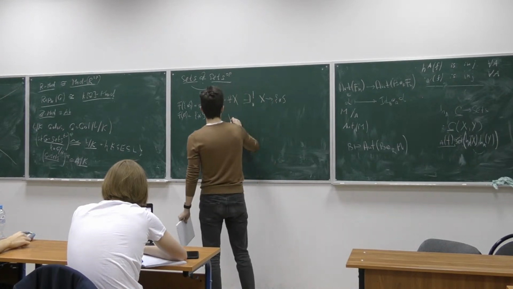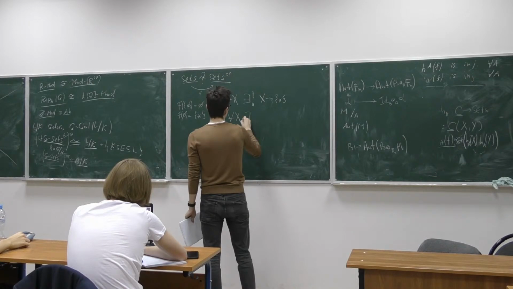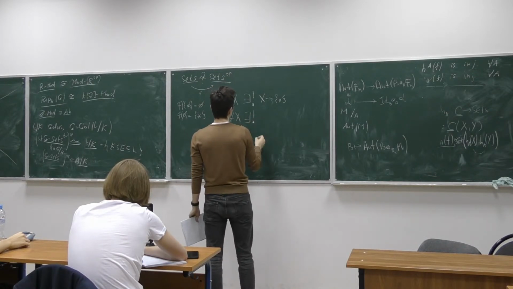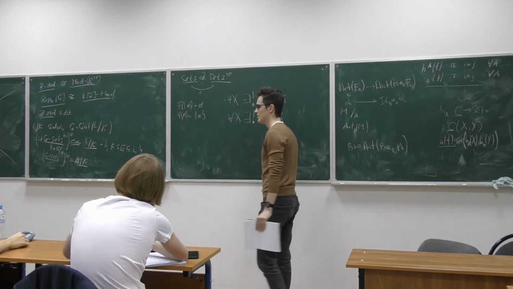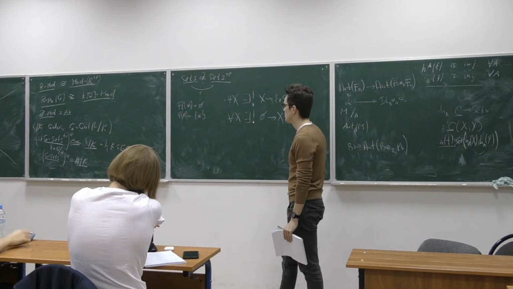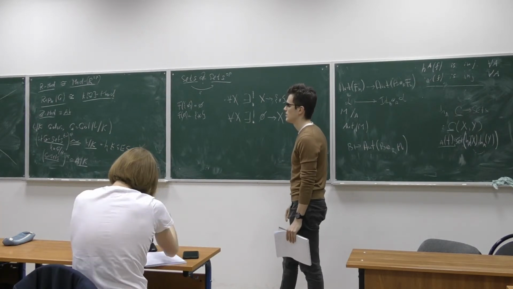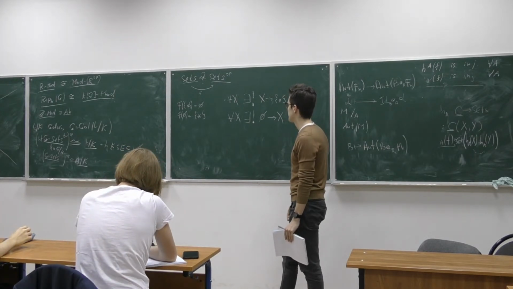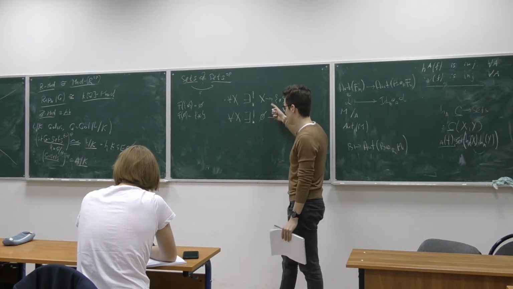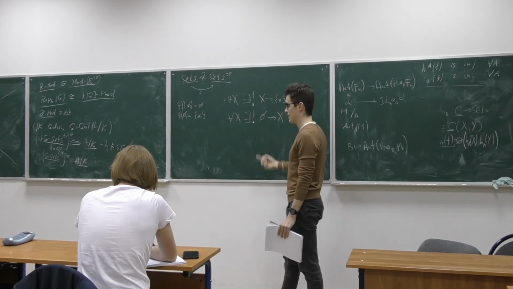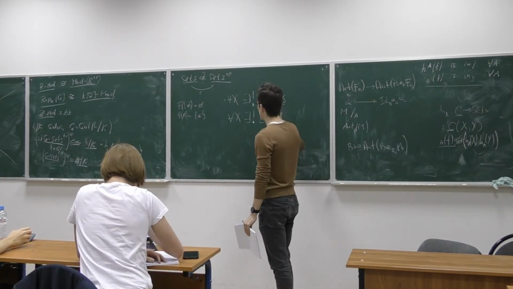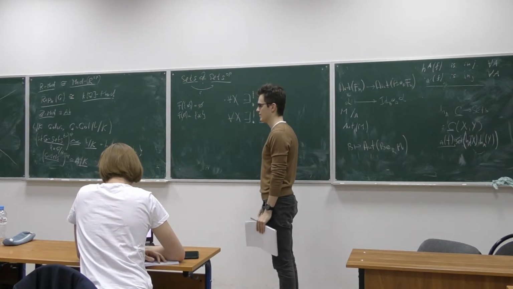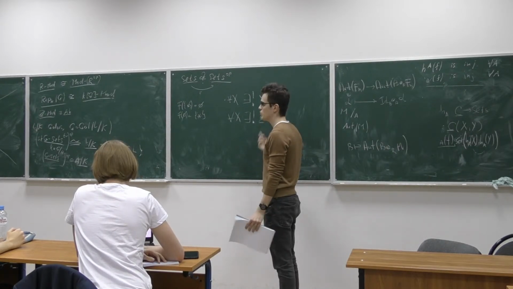And for any set x, there exists a unique morphism from an empty set to x. And it is clear that these conditions, firstly, characterize these sets up to isomorphism. And secondly, they are dual to each other.